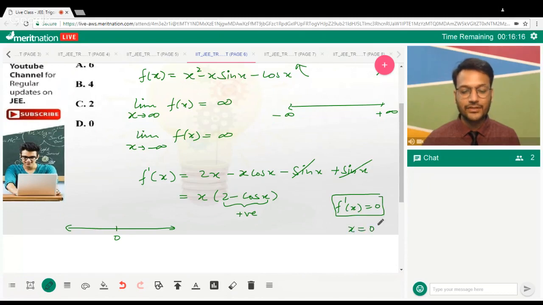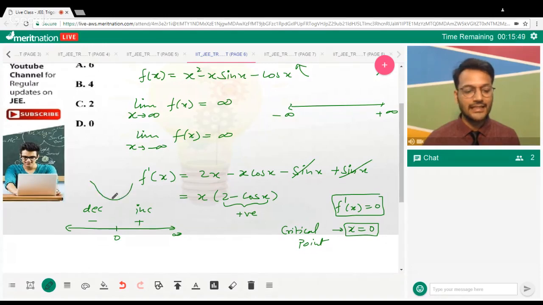So over here, x equal to 0 will act as the critical point. To the right hand side, up till infinity, f dash x will be positive, and to the left hand side, with negative numbers, f dash x will be negative. So the graph is decreasing over here and increasing over here. Therefore, you have a minimum at x equal to 0.